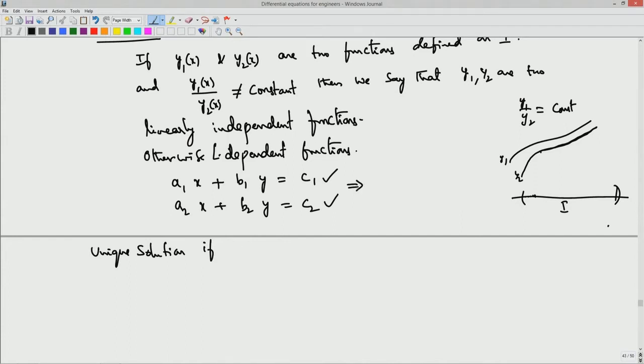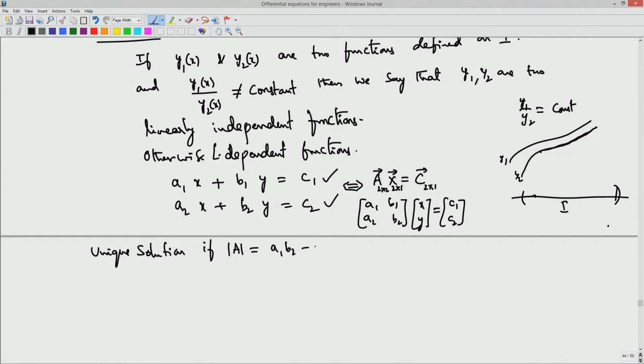I can rewrite this system equivalently as Ax equal to C, where A is a 2 by 2 matrix, x is a 2 by 1 vector, and C is 2 by 1. So A is (a1 b1; a2 b2), x is (x, y), and C is (c1, c2).